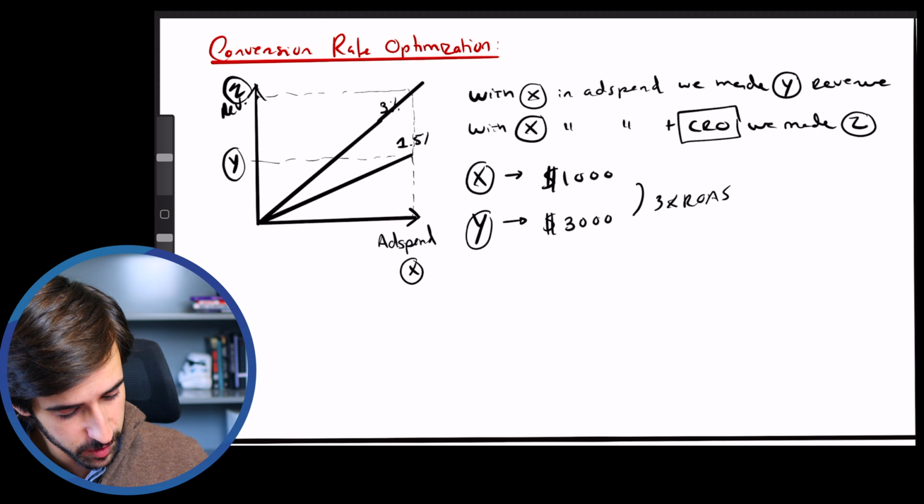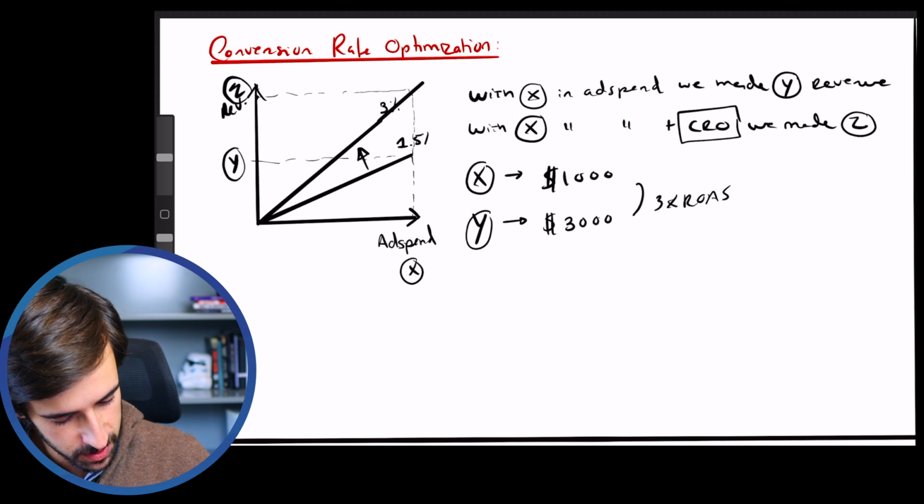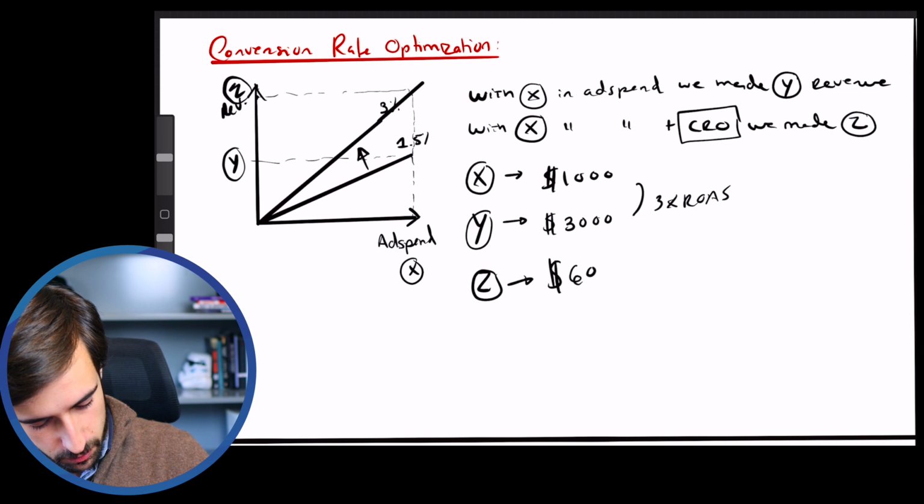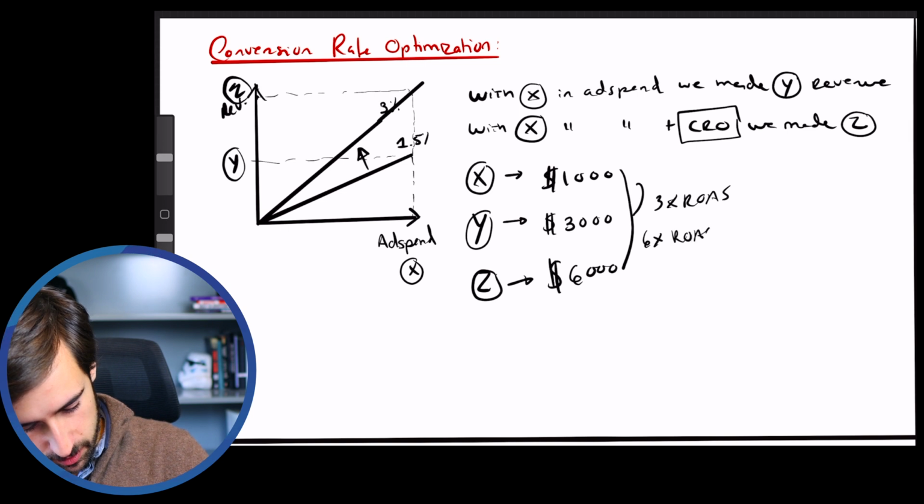Now, after we've implemented our conversion rate strategies, we went from 1.5% to 3% right here. So amount Z is going to be double what we were making before because we had a 1.5 conversion rate first, and now we're getting double that at 3%. So our revenue now is around $6,000, which means a 6 times return on ad spend.